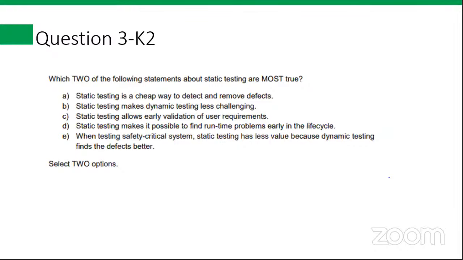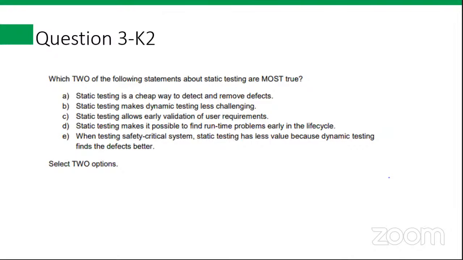Here also we'll be able to understand that C is the correct option because you are very sure of the keyword validation and you are familiar with the term user requirements too. Early validation of user requirements means you are checking if the requirements are correct at an early stage. So apart from A, C is also correct. So the correct answer here would be option A and option C.